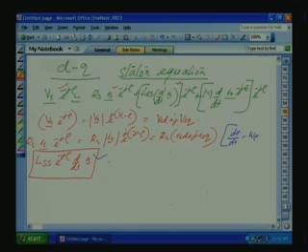So that means we are going to find out LSS d by dt of Is e raised to minus j rho. This will be equal to LSS e raised to minus j rho into d by dt of Is.